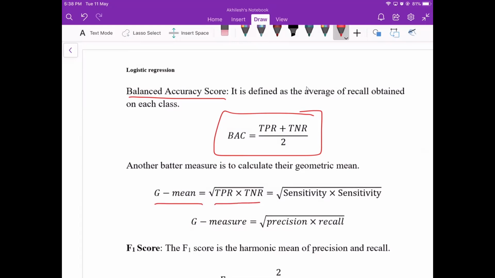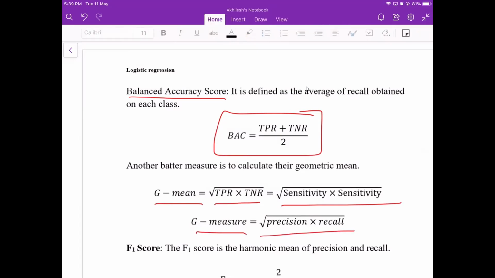Important: all these formulas are for two classes, the binary classification. When we have more than two classes, then there are a little bit of changes in these formulas, or a square root of specificity and sensitivity. There is another measure, the G measure, which is the geometric mean of precision and recall.